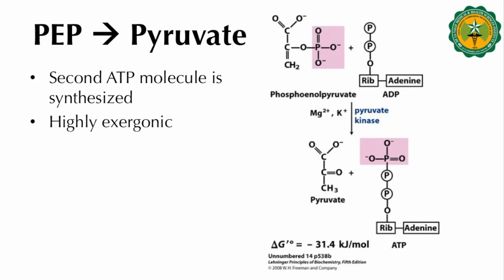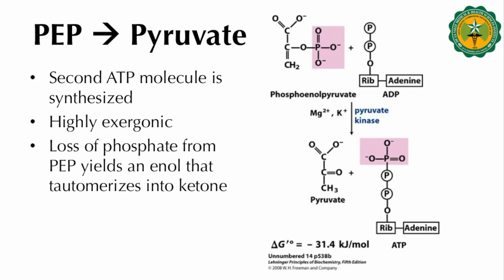Now, this reaction, catalyzed by pyruvate kinase, is a highly exergonic one. The high amount of energy released from hydrolysis of the enol phosphate bond of PEP allows the transfer of the phosphate group from PEP onto ADP to form ATP. Overall, the reaction is unidirectional from left to right.